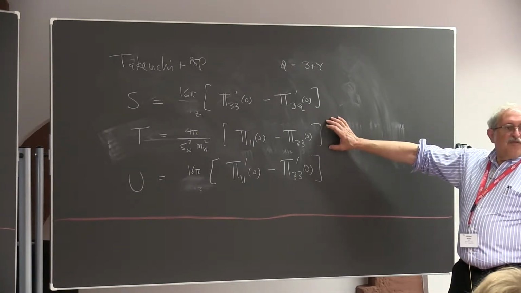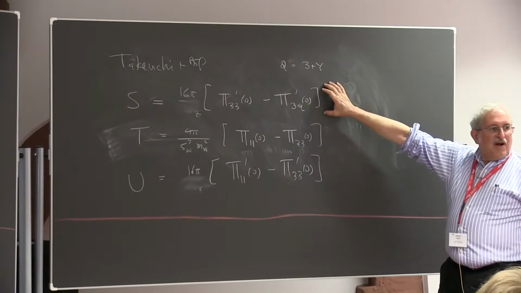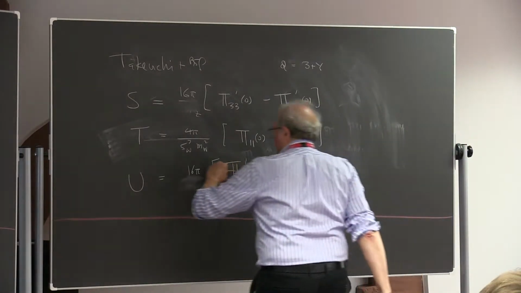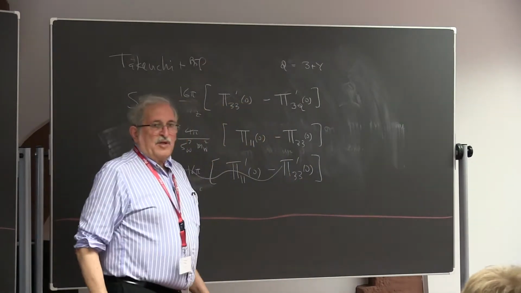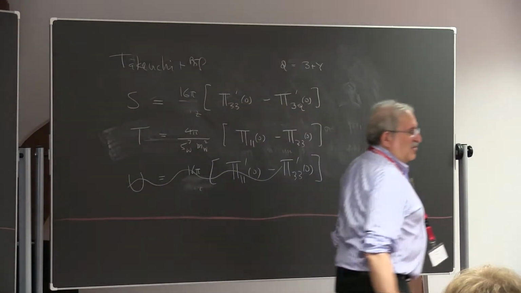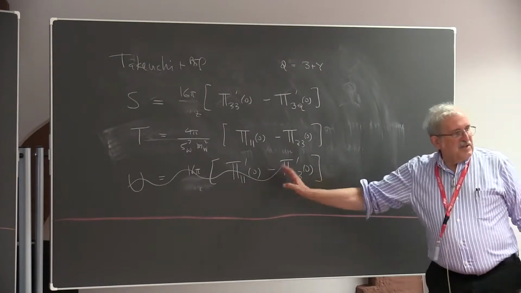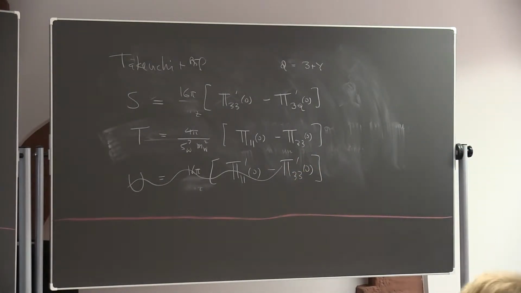This can be an order alpha effect. This can be an order alpha effect. This one is order alpha squared. And it's conventional to ignore U. And I'll give you a much better argument for that in lecture number 4. But usually when you compute these things, U turns out to be tiny. Well, now we're down to 2 parameters. So this is really fantastic because you can draw 2 parameters on a piece of paper. And then you can represent explicitly the success or failure of the standard model.